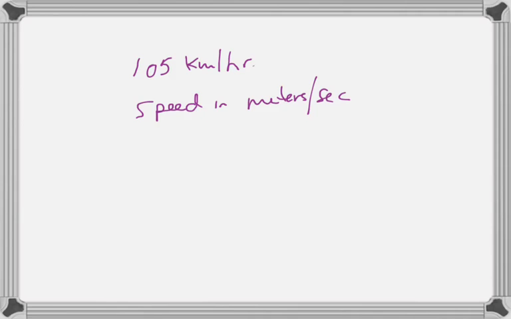Our motorcycle was traveling at 105 kilometers per hour. What is the speed in meters per second? Is that all you want, or do you want the time one too? How far in 120 seconds?